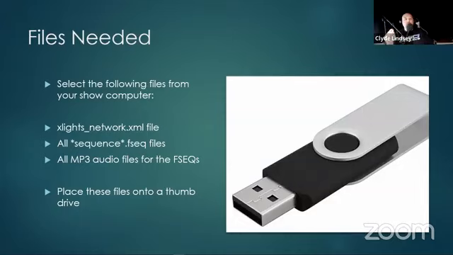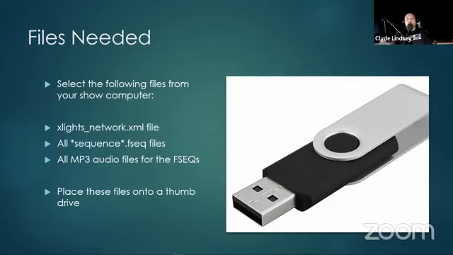Now, if you didn't watch the previous 2 videos, the basic things that we really need from xLights, we need to select the following files. They are your xlights_network.xml file, any of your sequence .fseq files, and then also any MP3 audio files for these FSEQs that you're selecting to do in your show.